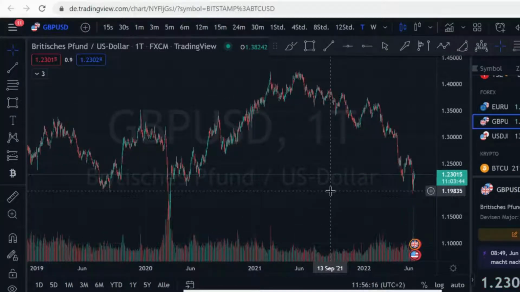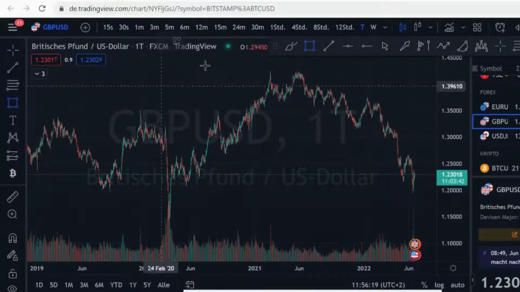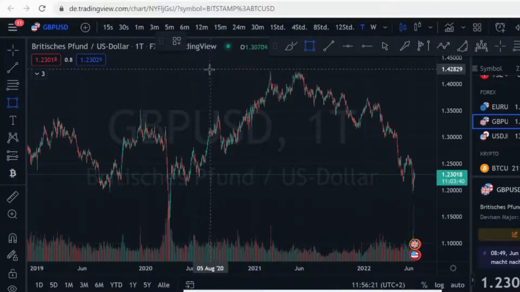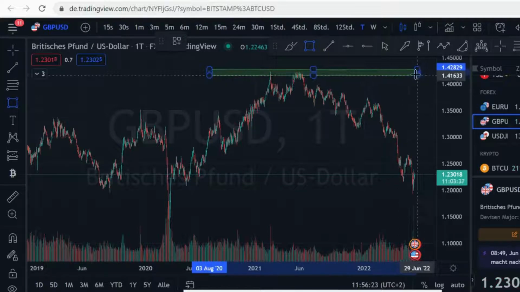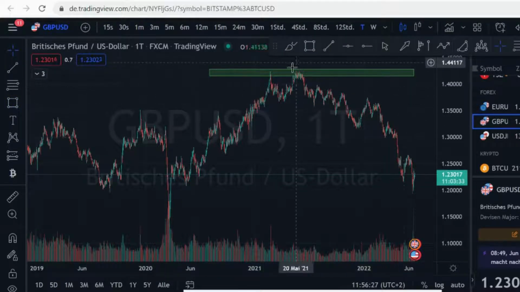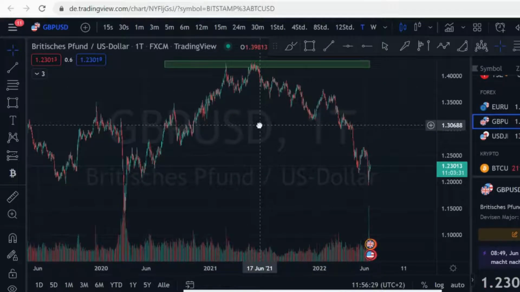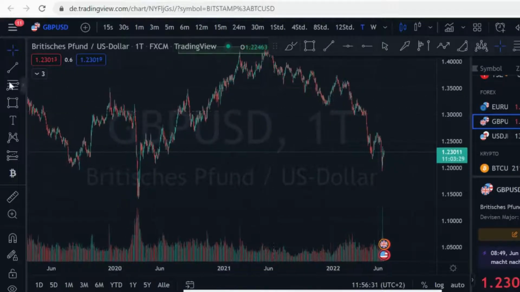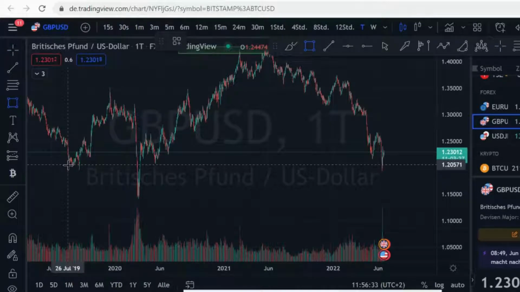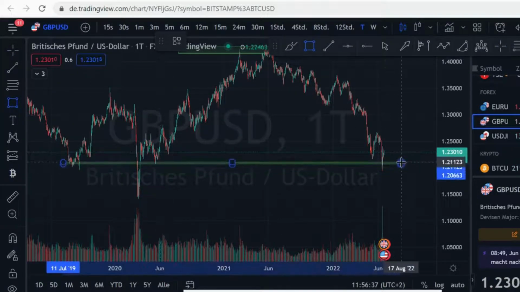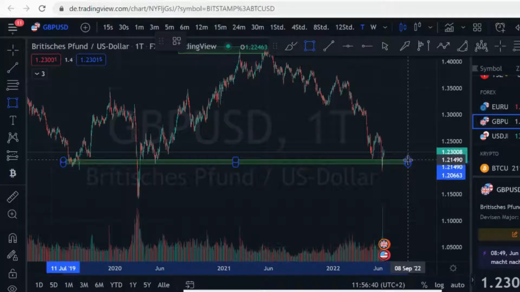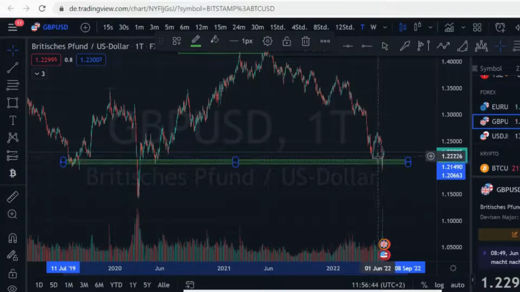So we zoomed out and now let's look for some key areas. So the first thing is, in my opinion, this top. So the next thing is here below, because here the British pound found good support.